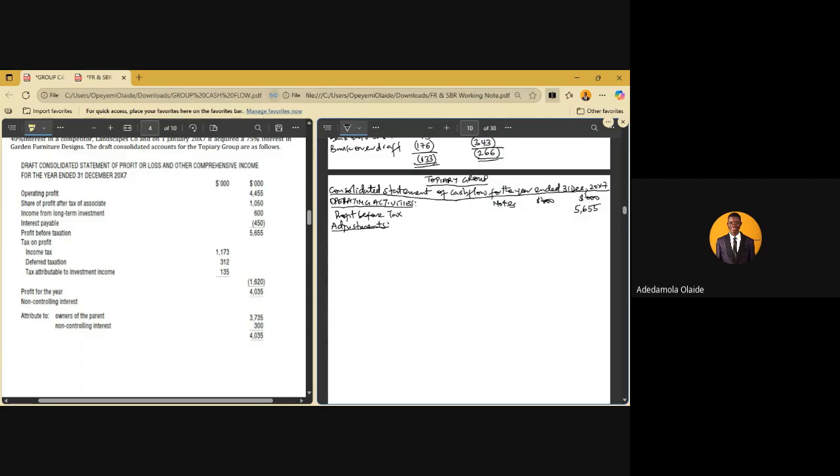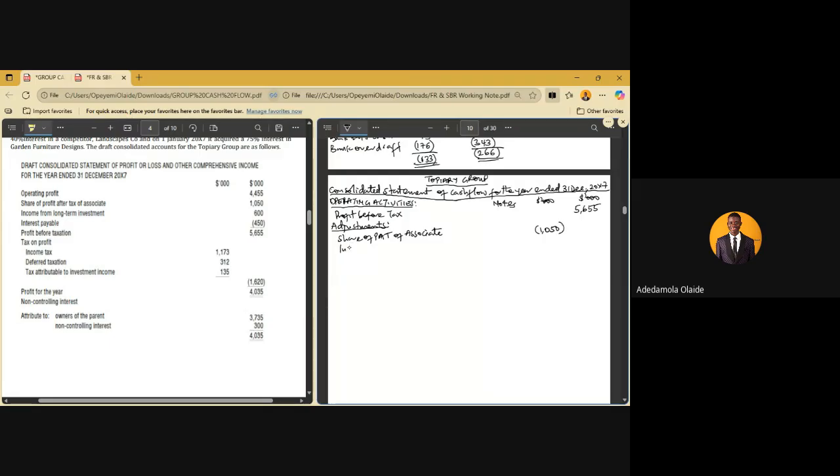Before we have that profit before tax, we have share of profit after tax of associates. It's not an operating activity, so we'll take it out. 1,050. It was added before, so we will be deducting it.